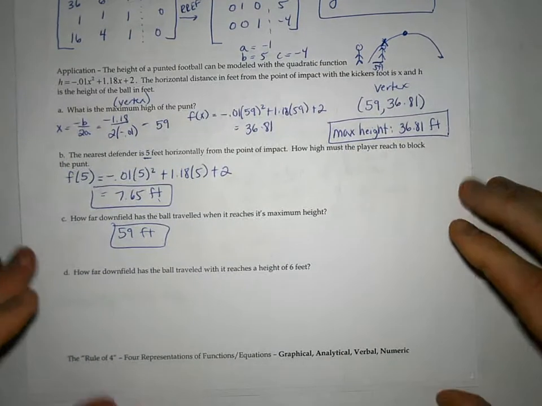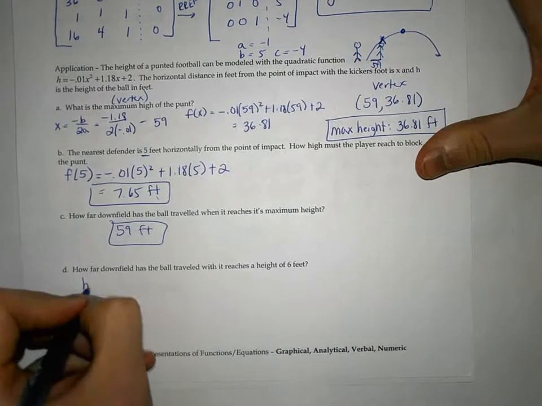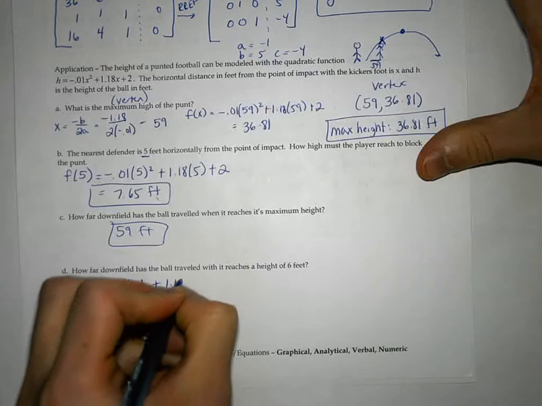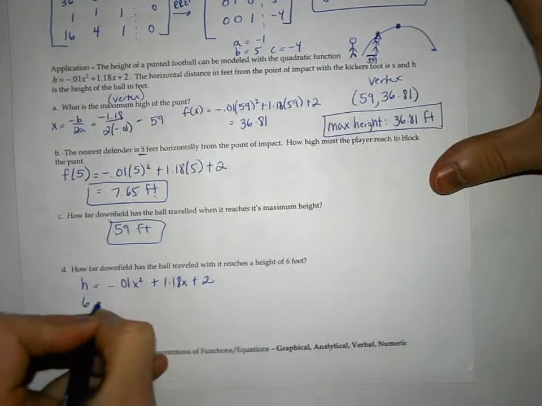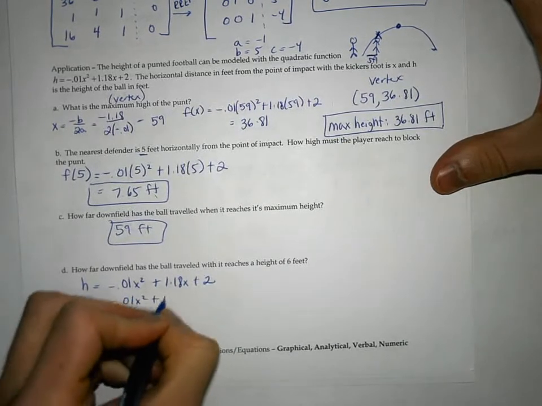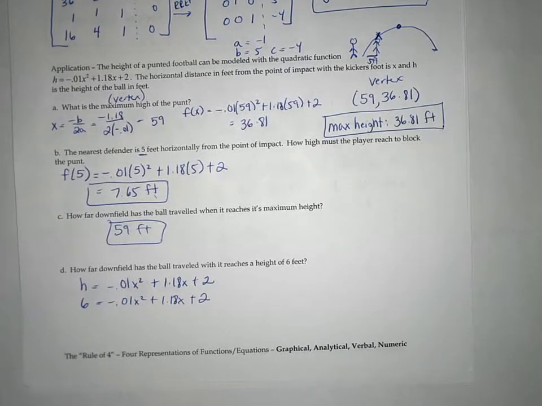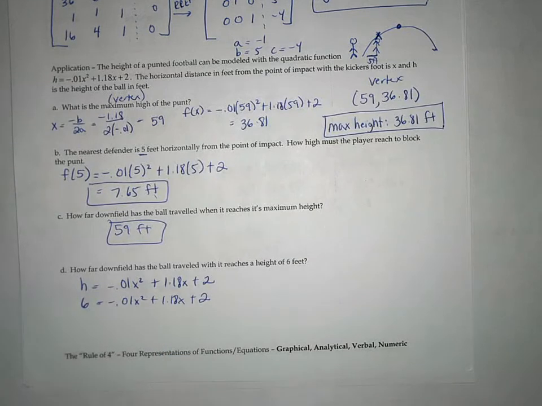And then how far downfield has the ball traveled when it reaches the height of 6 feet? Well, for this one, we know that the equation, our height is negative 0.01 x squared plus 1.18 x plus 2. And we know the height is going to be equal to 6. So if I wanted to move this 6 to the other side, so it's equal to 0 and use quadratic formula, I could do that.